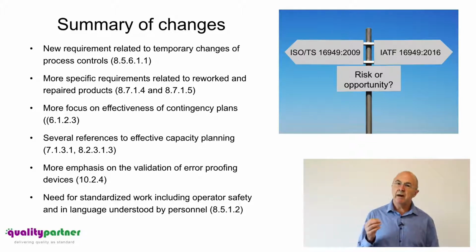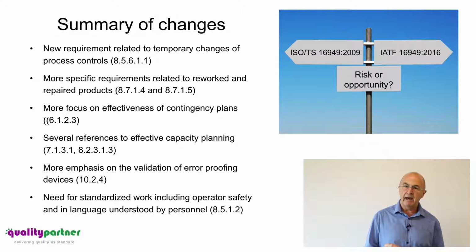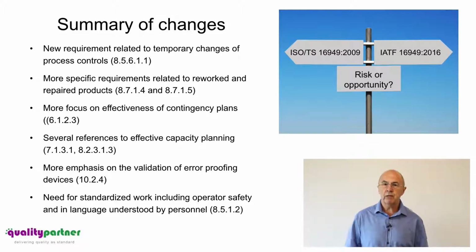We need to think about rework and repair. How are we going to manage rework and repair and make sure that we've got enough standardised work and we've considered the risks in rework and repair before we start making the rework and repair.